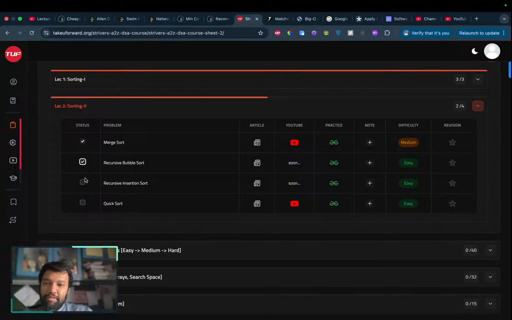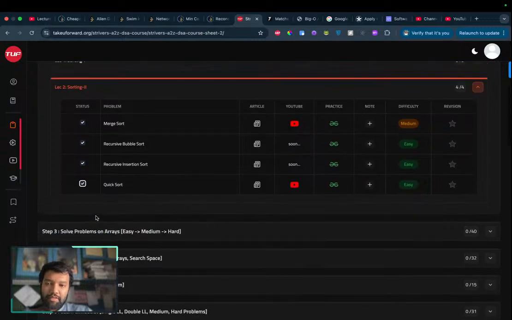Recursive bubble sort. Quick sort is like merge sort but with partition. Quick select also.